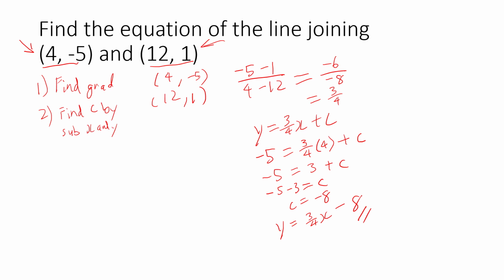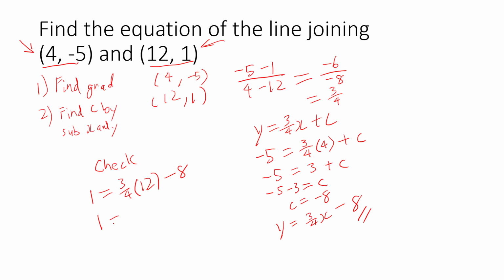Then just now earlier on I said you can use this to check, the second to check. So let's check. So y equals to 1 is equals to 3 over 4, x is equals to 12 minus 8. We see whether this equation is valid or not.